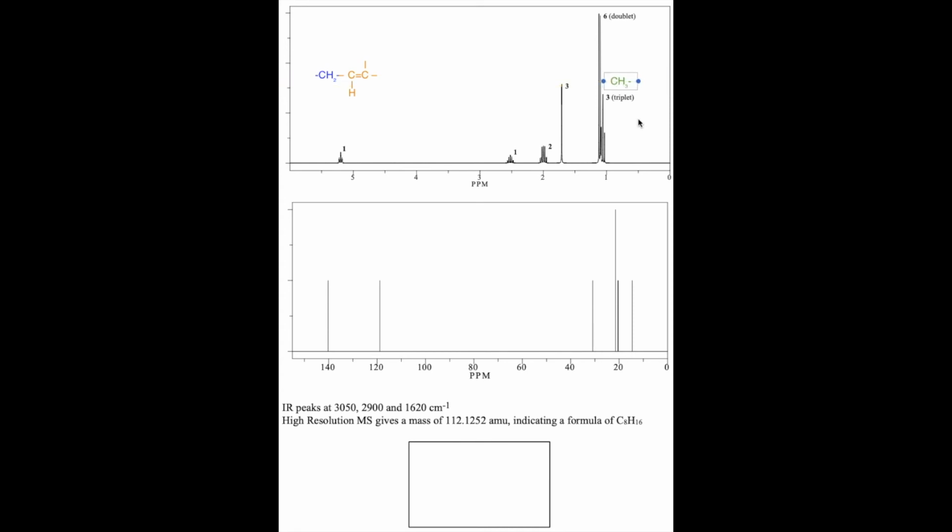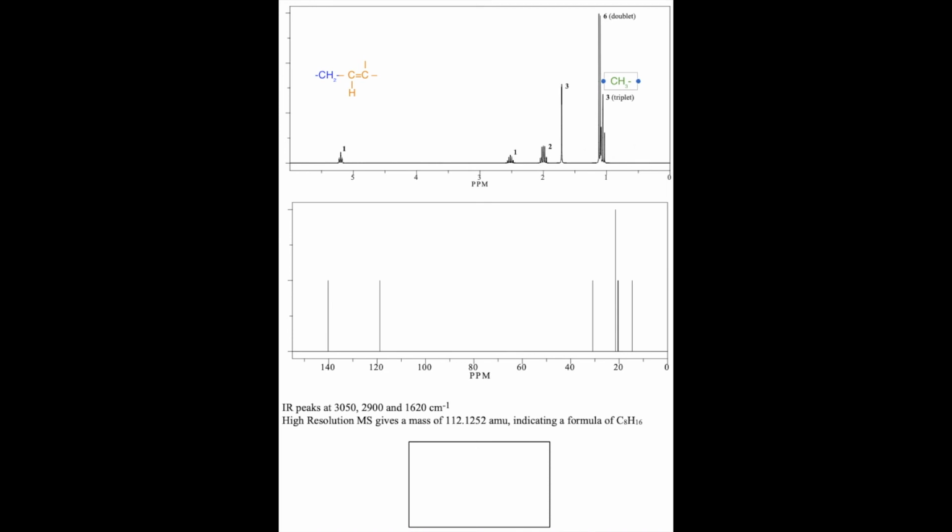And the fact that it's a triplet tells me it's beside a CH2. N plus 1 is 3, so N is 2, 2 neighbors. Do I have a CH2 on my spectrum somewhere? Yep, I sure do, right here. It's the only one, actually. So now I know that the green methyl group here, represented by this triplet, must be directly attached to this exact CH2 because it's the only CH2 on the entire spectrum.